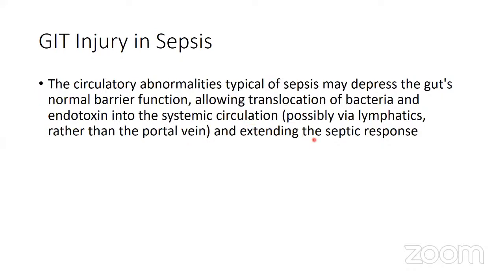And that's why, again, due to many reasons, it's very important to start early enteral feeding. If you don't do early enteral feeding in sepsis, I don't want to say aid and abet, but just know the whole process of translocation will be worse, and it will worsen the whole picture of infection and inflammation.